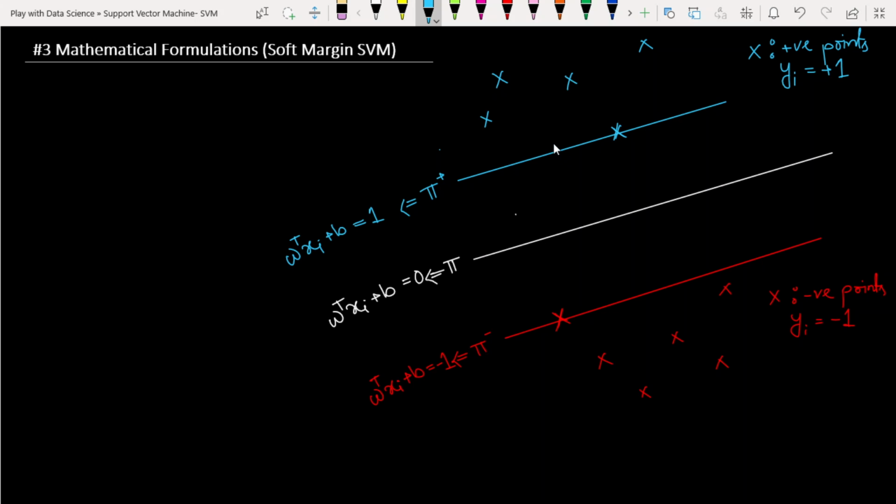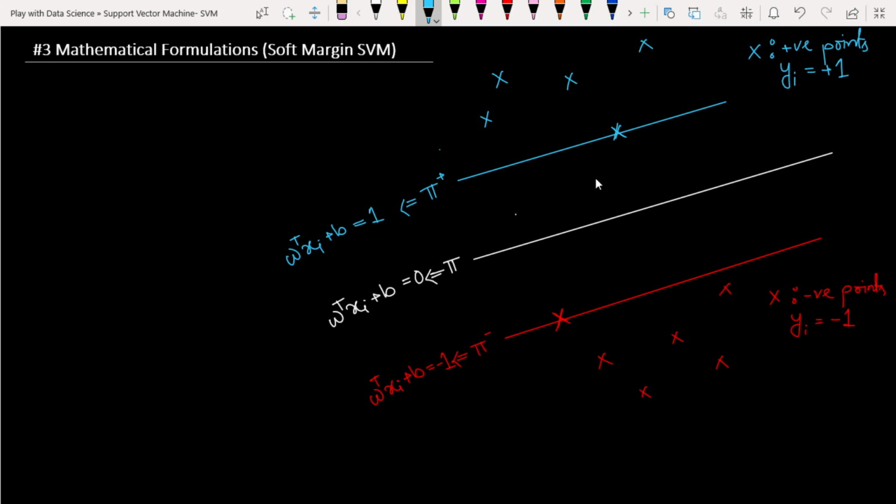If we understand the calculations for a positive misclassified point, then you can easily understand the same calculations for a negative misclassified point. So in this picture I am considering positive misclassified points, and the same concept is applicable to negative ones.